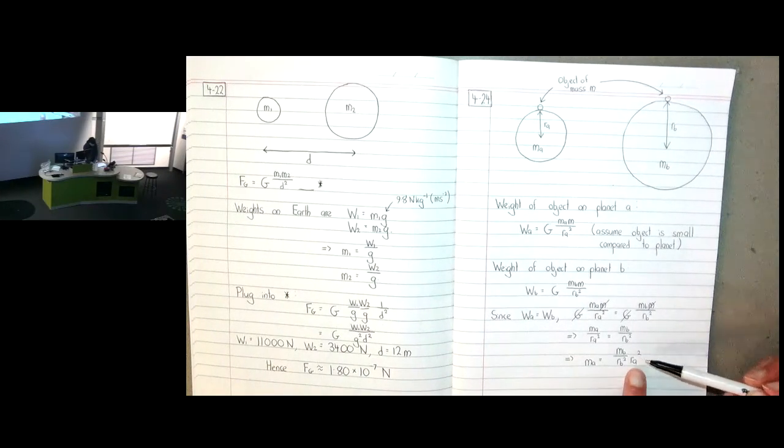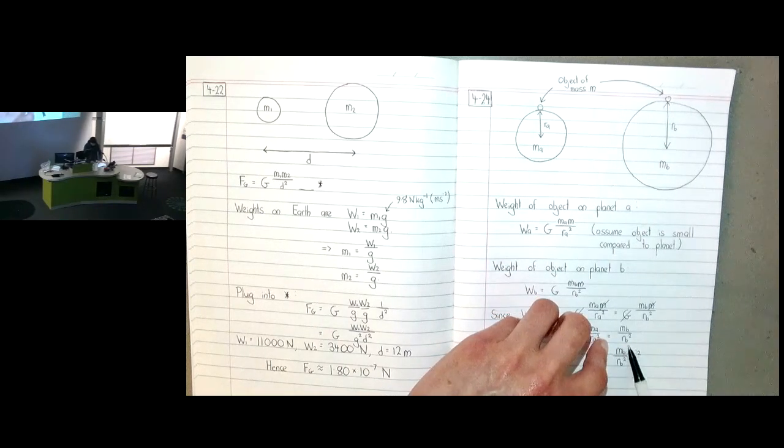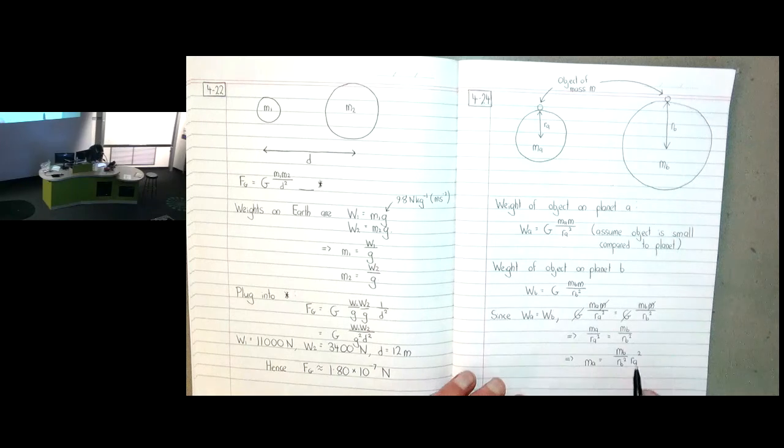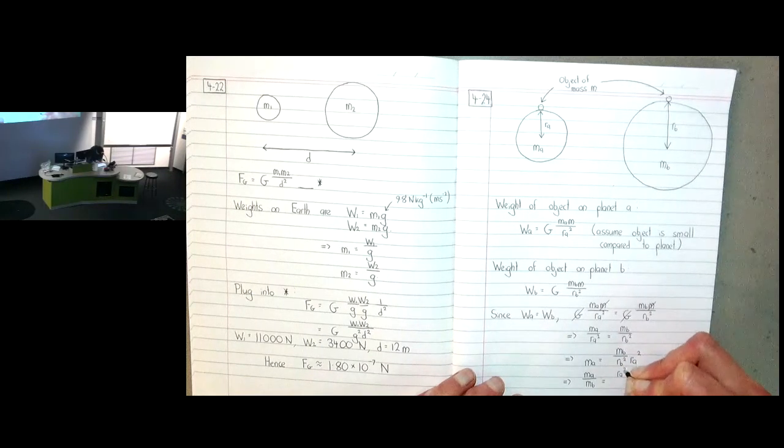Now we almost have RA squared on RB squared, but it's being multiplied by this pesky mass of planet B. So if we just multiply both sides of this equation by the mass of planet B, then we get that the mass of planet A divided by the mass of planet B is equal to RA squared divided by RB squared.